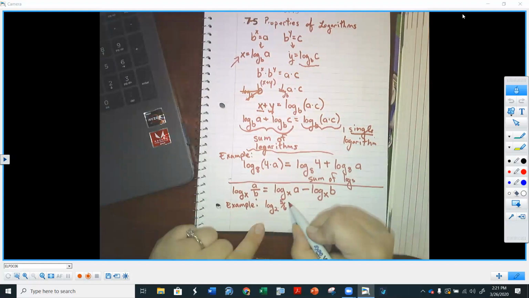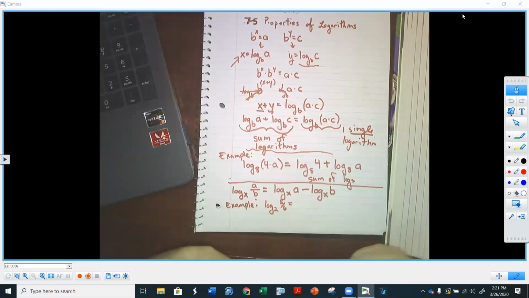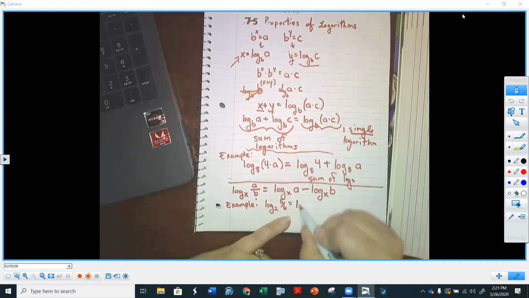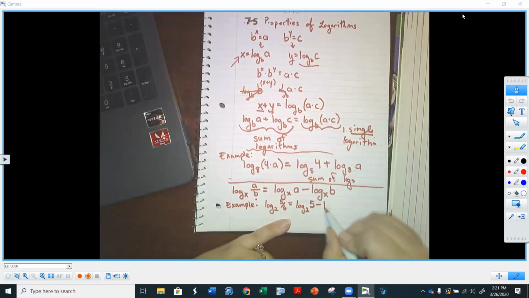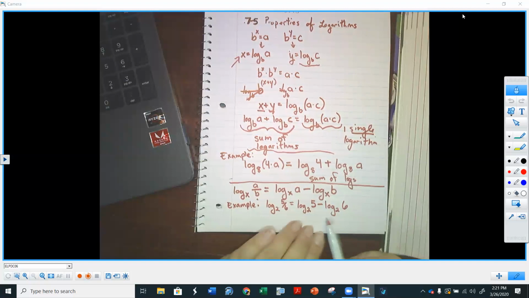They're usually going to give you directions that say write as a sum or difference of logs. This is going to look like log base 2, and then we ask ourselves what was on top. 5 was on top. Minus, we need to write another log base 2 of 6, whichever one was on bottom. Remember this one got 2 different logs. They both had the same bases.